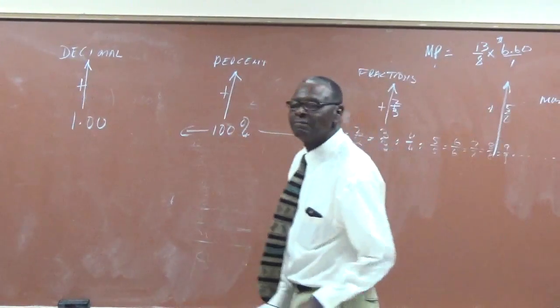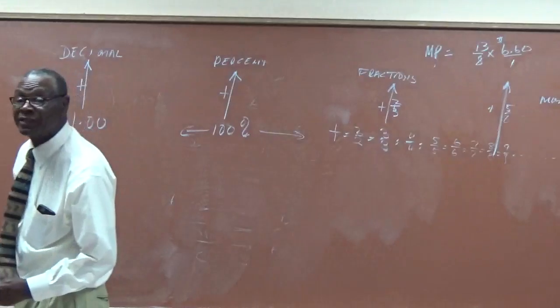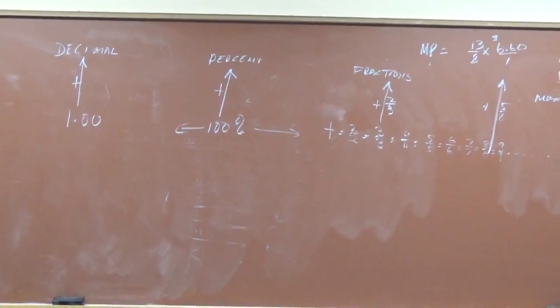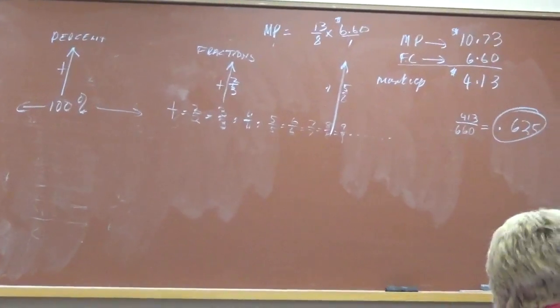Right? Decimal 0.625, the same thing as 5/8. You see that? I'm just trying to show you that when you do it, it will show you that your increment is 5/8. You are adding $5 to the 8. That means if you paid $8, you want to get your $8 back and make $5 on top of that.